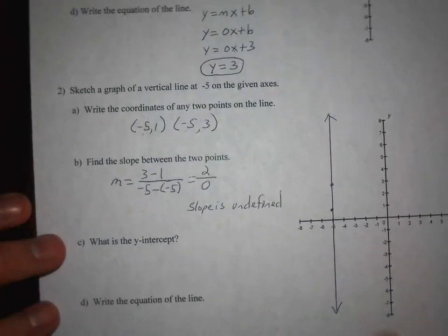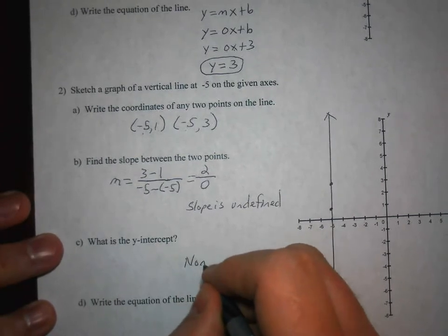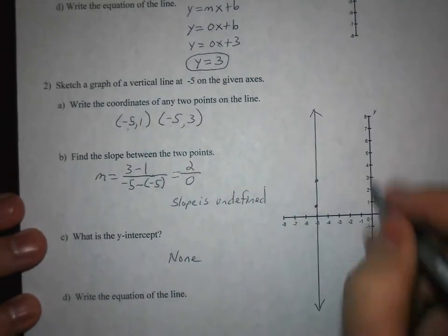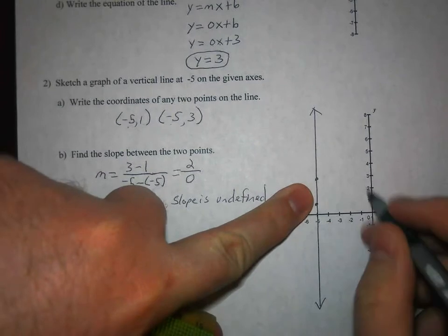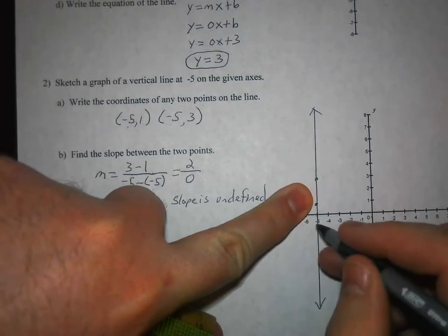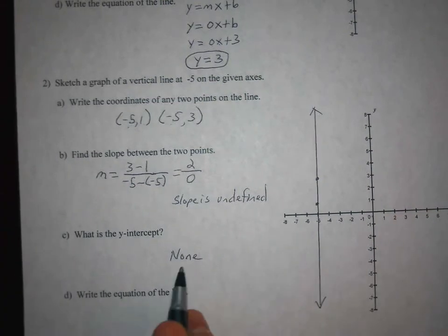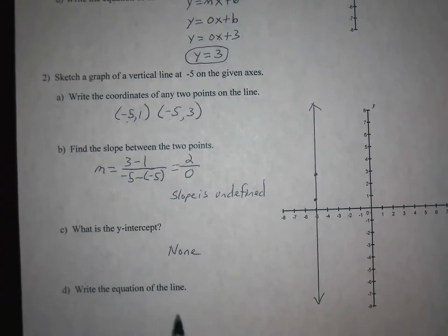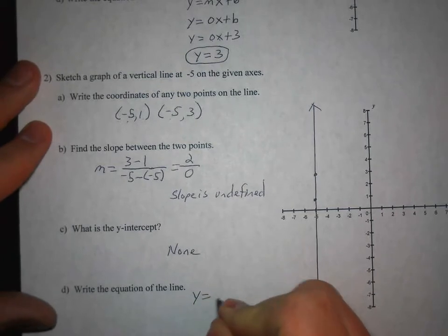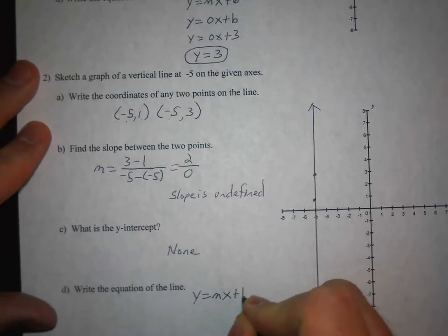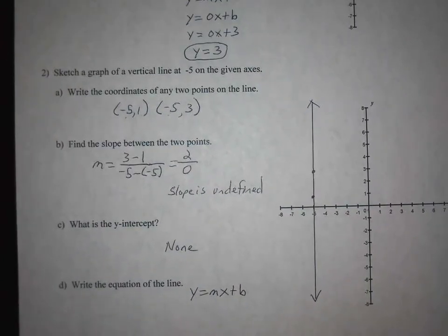What is the y-intercept on this? Well, looking at the graph, there is no y-intercept. The graph is over here. There is no y-intercept. There's an x-intercept, but not a y-intercept. So there is none. So now, if we write the equation of the line, what I would always suggest is you want to think of y equals mx plus b. So anytime you're trying to write the equation of a line, I will always tell students think y equals mx plus b. That's your slope-intercept form.